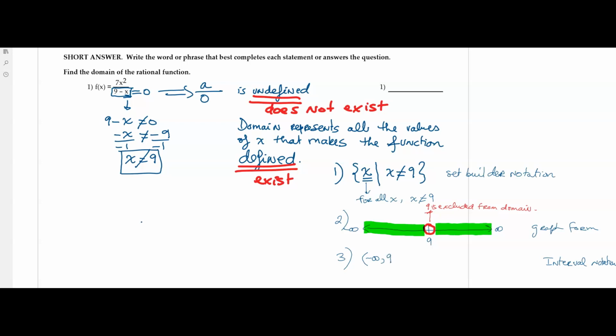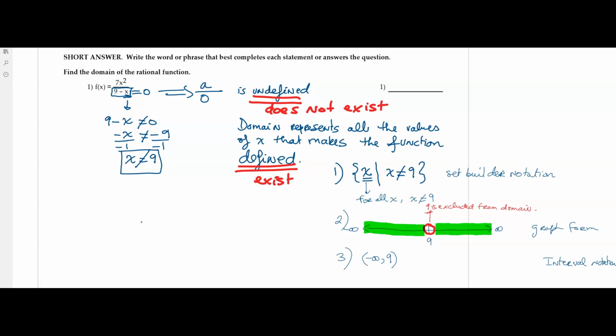Okay. You said, well, we say that 9 is excluded. How do I represent 9 being excluded? Then we close the parenthesis. The parenthesis here means that you're excluding the value before it.